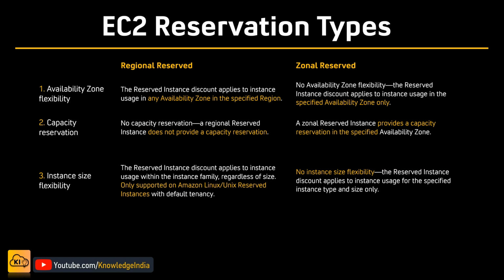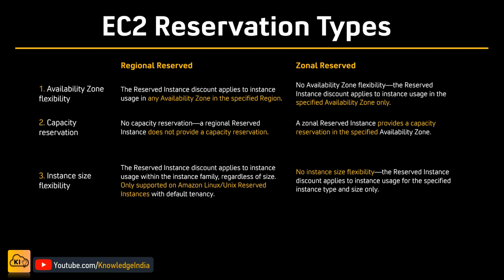The second one is capacity reservation or capacity guarantee, and I've talked about it many times in our videos. With regional reserved, you do not get any capacity guarantee. It doesn't allocate a fixed capacity for you in a particular availability zone.